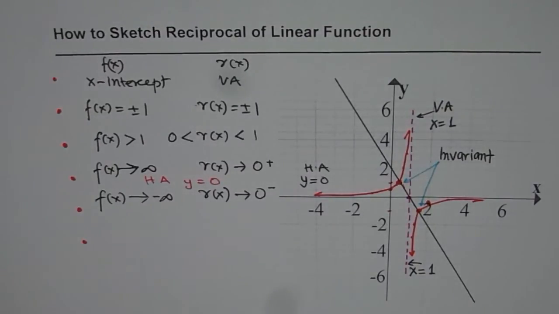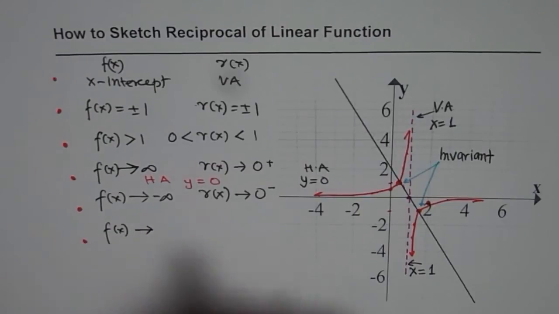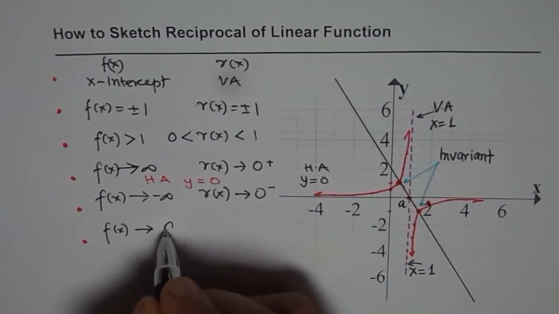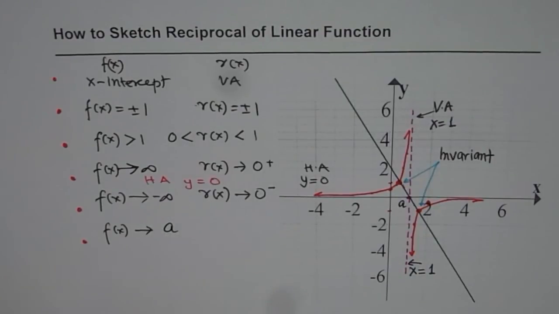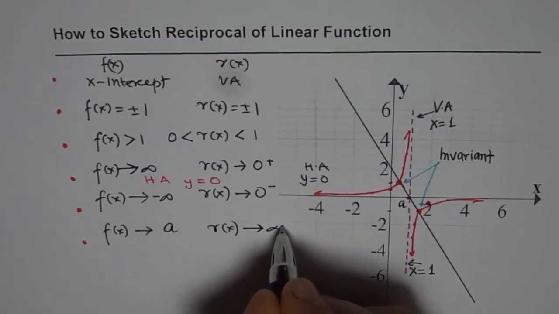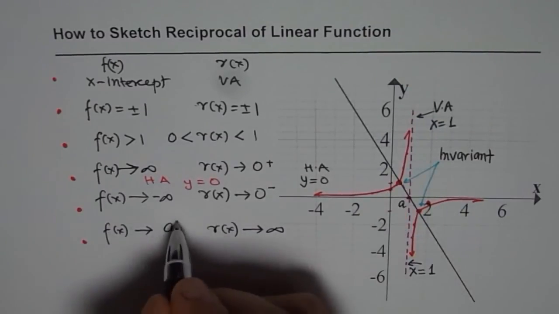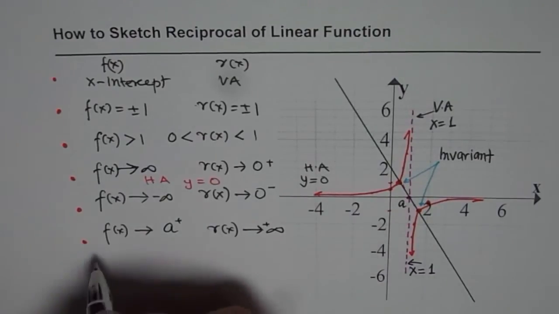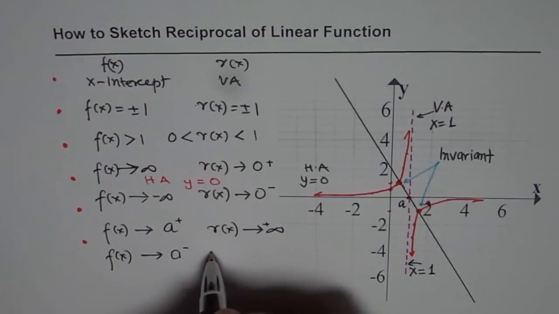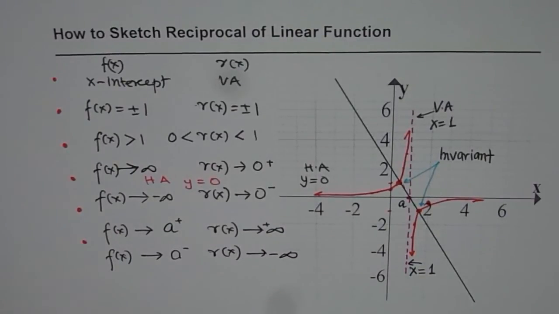Now as f of x approaches 0, I should say this point A here, right? As f of x approaches A, r of x approaches infinity. If f of x approaches A from positive side, it approaches positive infinity, and if f of x approaches A from negative side, reciprocal function approaches negative infinity, correct?